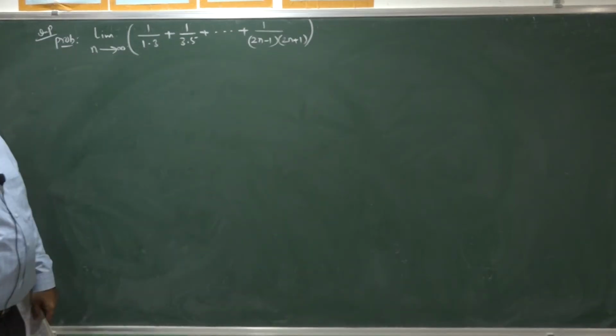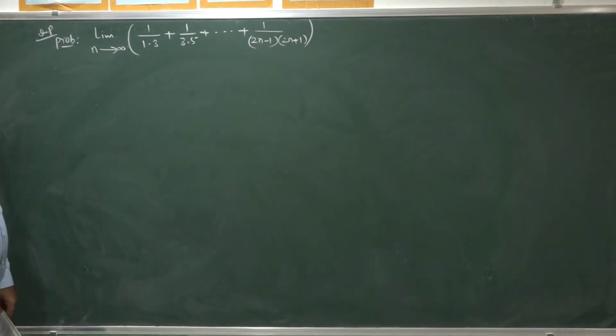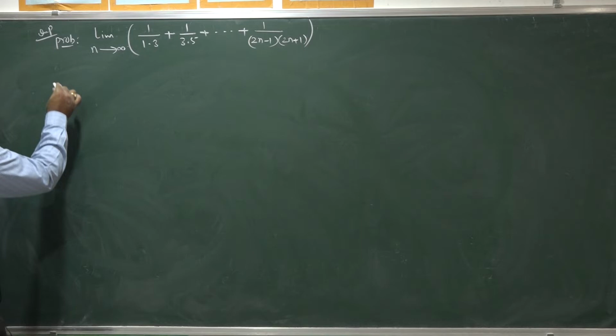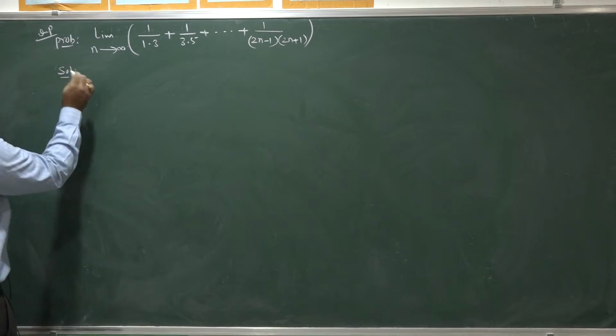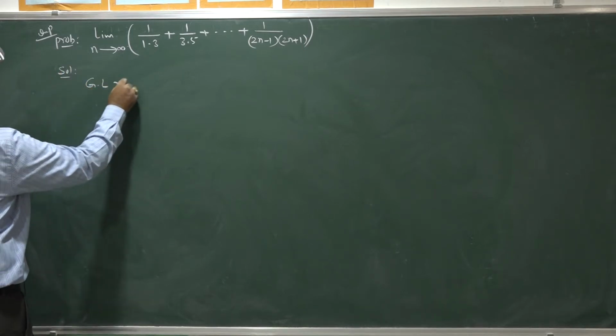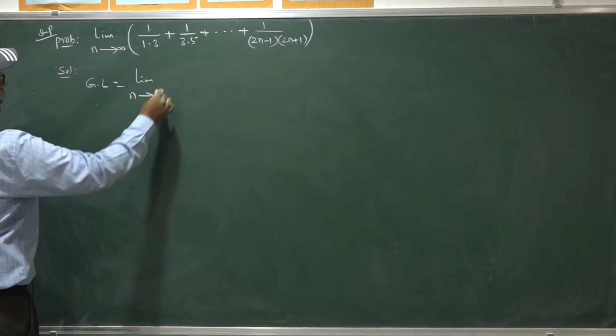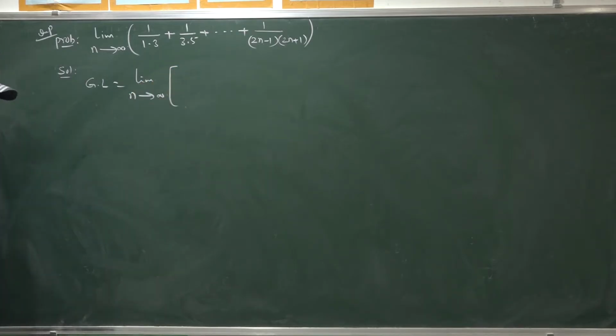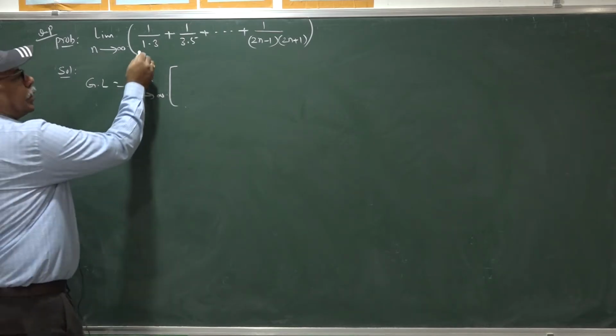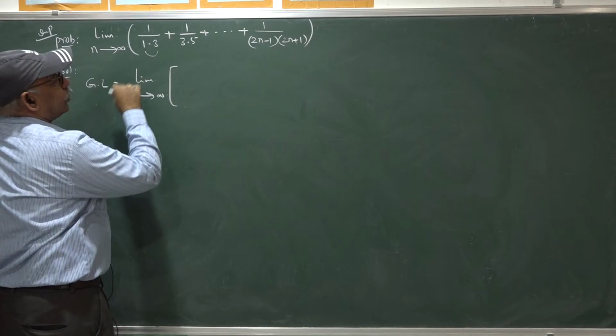Limit as n goes to infinity, 1 by 1 into 3 plus 1 by 3 into 5 and so on, 1 by 2n minus 1 into 2n plus 1. Now, the given limit may be modified as follows.